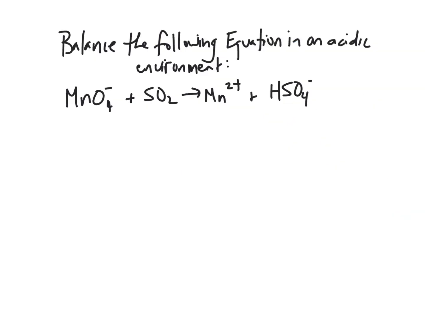All right, so let's go through this one. So I say balance the following equation in an acidic environment. Well, first of all, we need to establish, is this a redox reaction? Because if this is a redox reaction, we know we have to use this special balancing method, which I'm teaching you through this video.